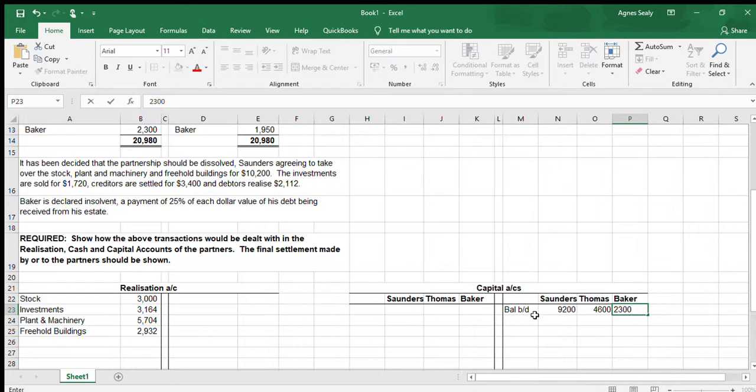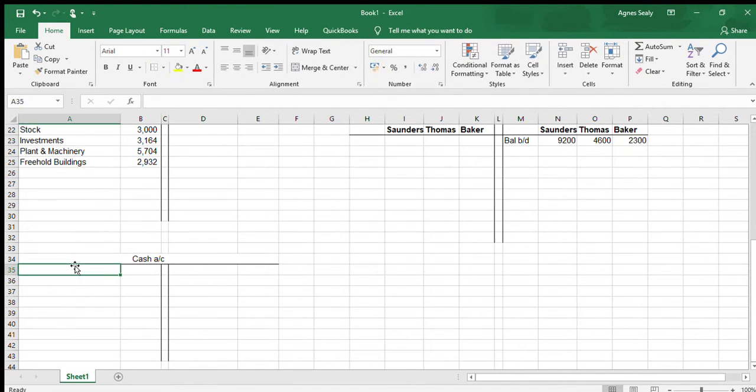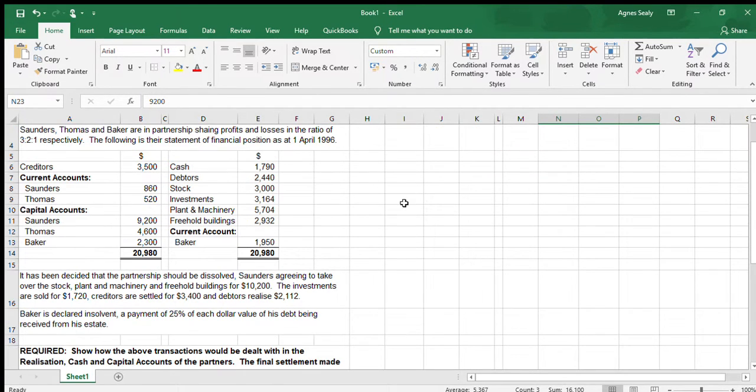Now our cash account has a balance on it as well, and that balance is $1,790. And we will see this from our question here. This is the balance on our cash account. These are the balances on our capital accounts.